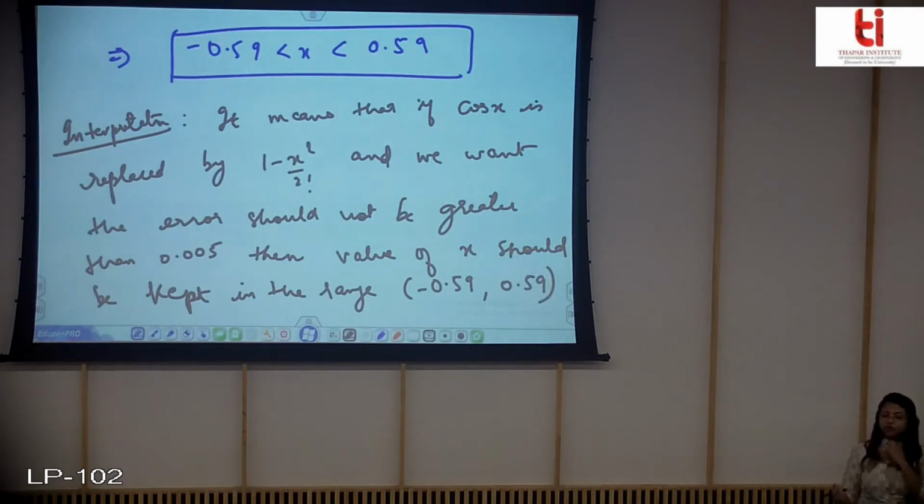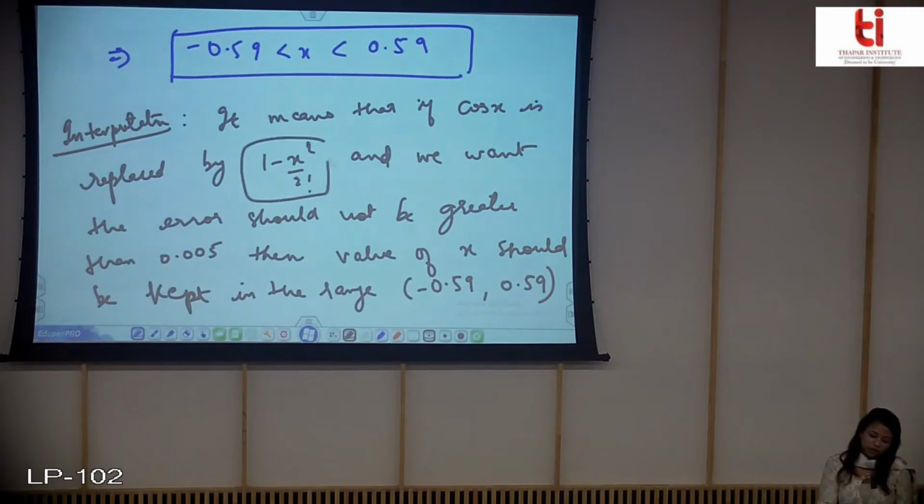That is, if you choose any x in between these two values and approximate cos x by just two terms, your error will not be greater than this value.